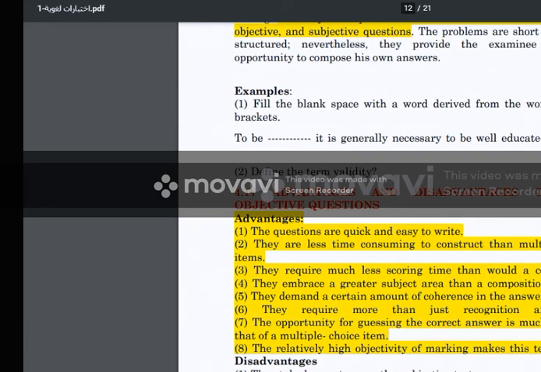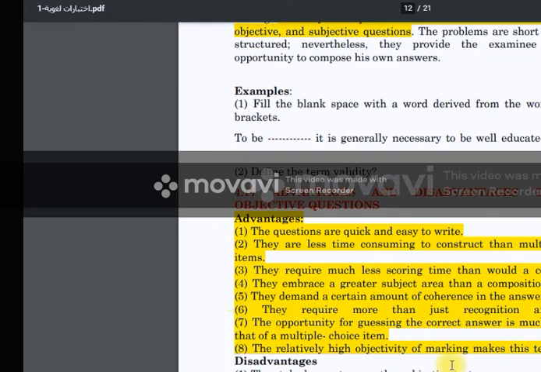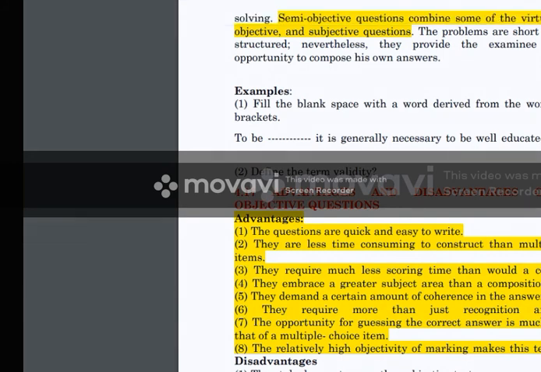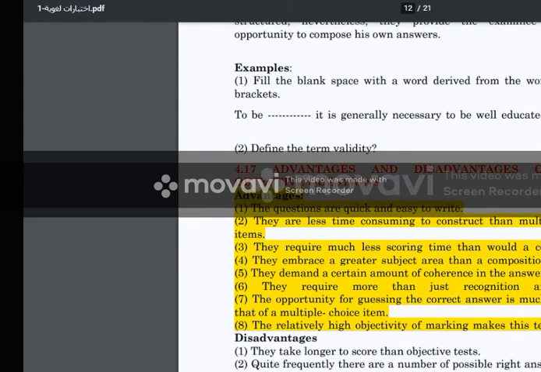Now let us go to the type in between objective and subjective questions, the so-called semi-objective question. Semi-objective questions share some of the features of objective items and at the same time share some features of subjective items.